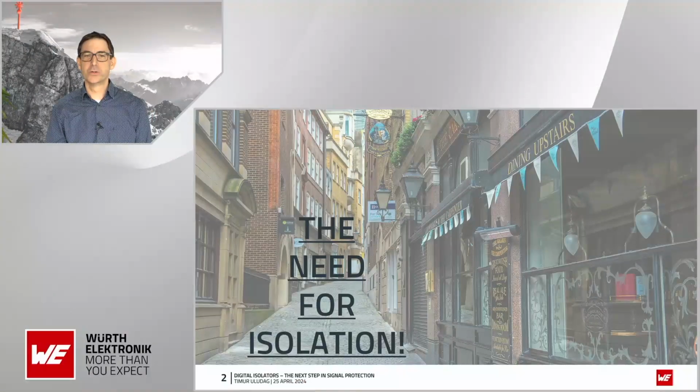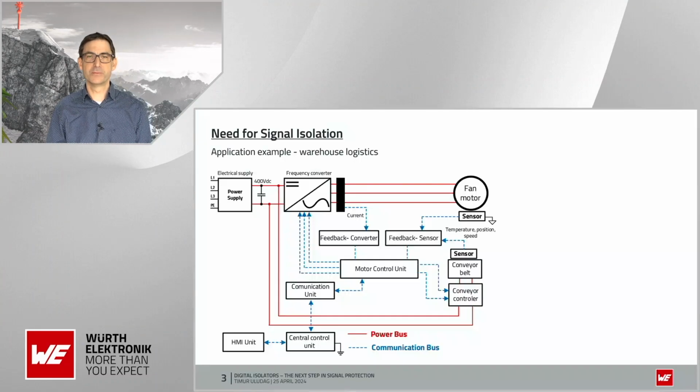Let's start. First of all, let us clarify, because we're talking about isolation, why we need an isolation here for a data transmission. If you see this picture, this is a prime example for warehouse logistics. You have tens of meters of cables.